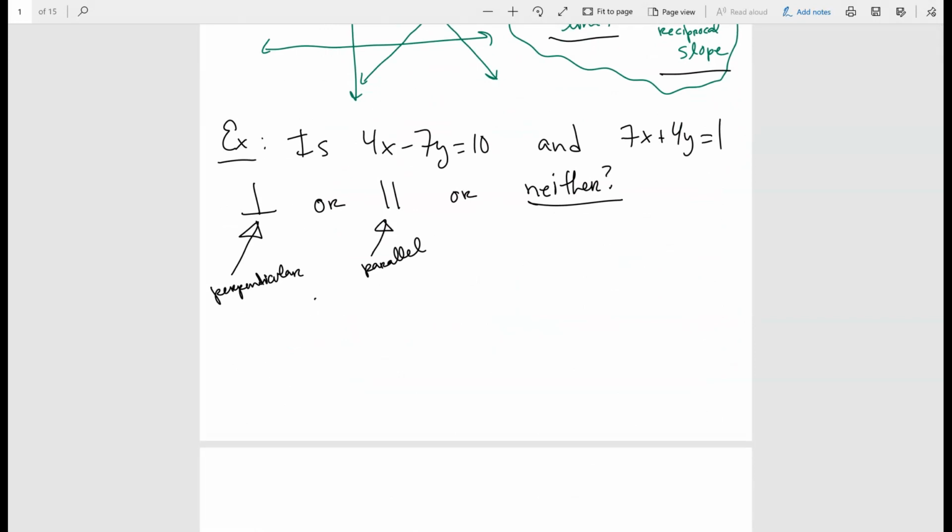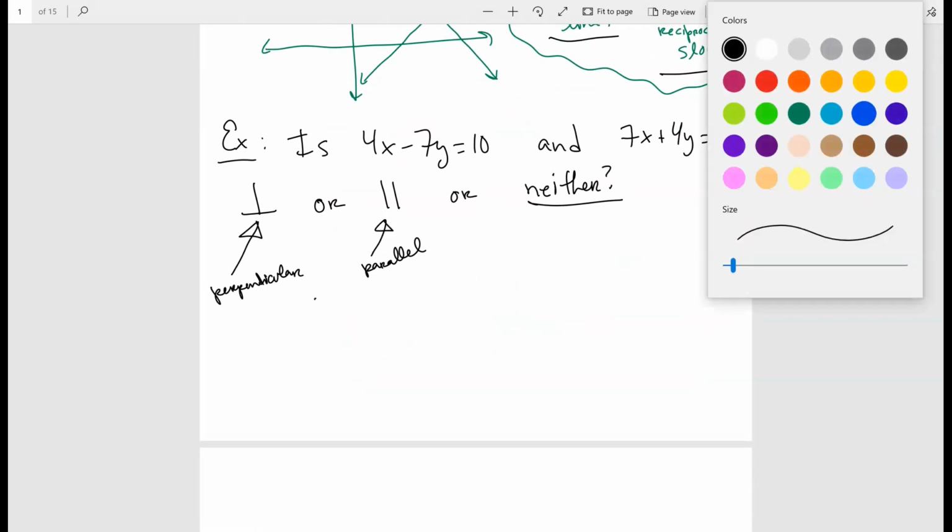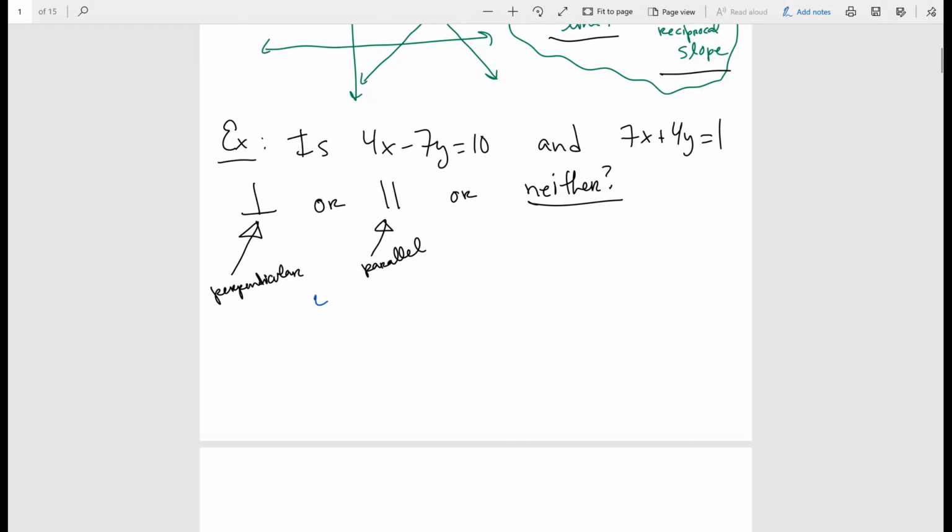Let me write them in a different color. So let's say you had 4x minus 7y equals 10, and you have 7x plus 4y equals 1. Let's solve for y. I'm going to subtract 4x from both sides. So you have negative 7y equals negative 4x plus 10.